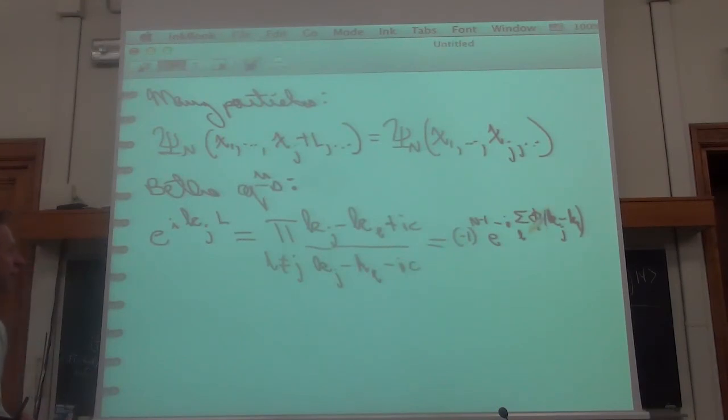The summation here can be over all particles, because if I have phi of 0, it's 0.